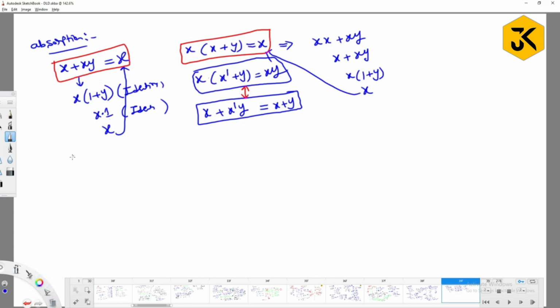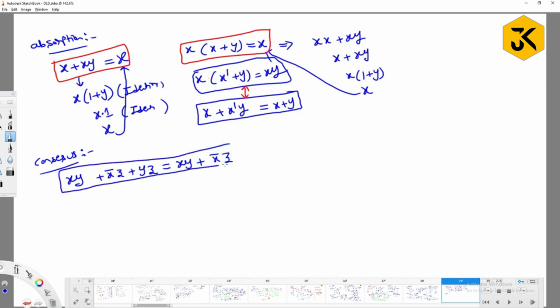And if you take one more theorem, that is the consensus theorem, the consensus property. The consensus property says that if you have two variables x and y, then xy plus x bar z plus yz can be simplified as xy plus x bar z. These two are equivalent. This is the meaning of the consensus theorem, right? How do we get this?